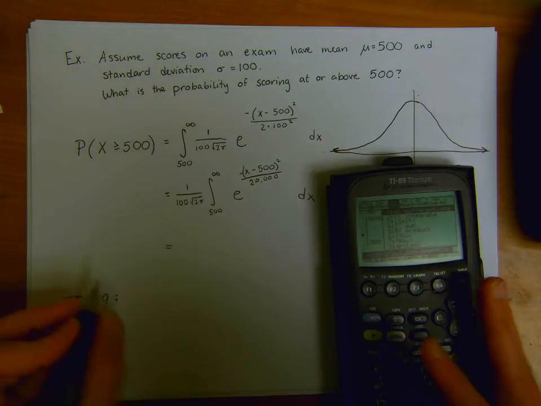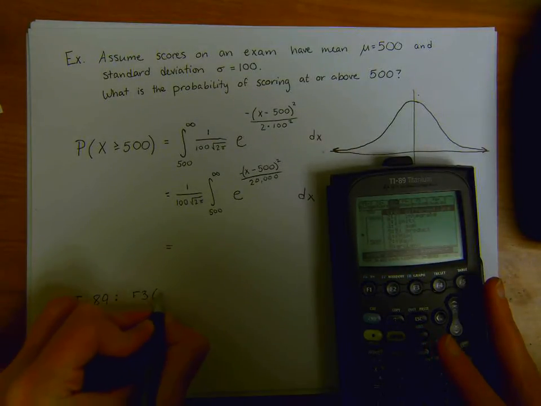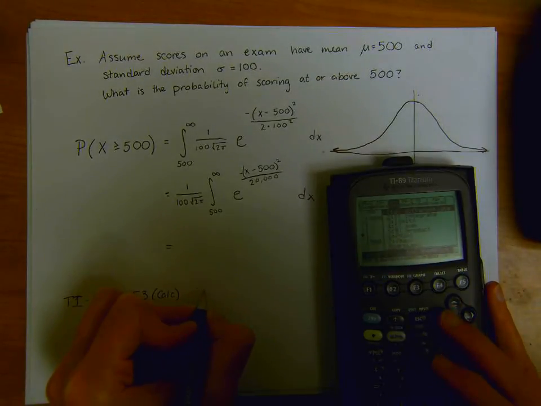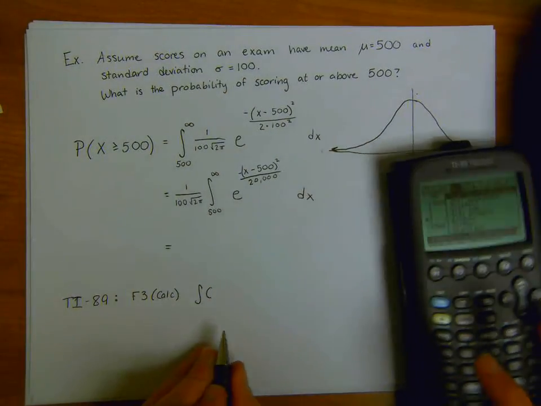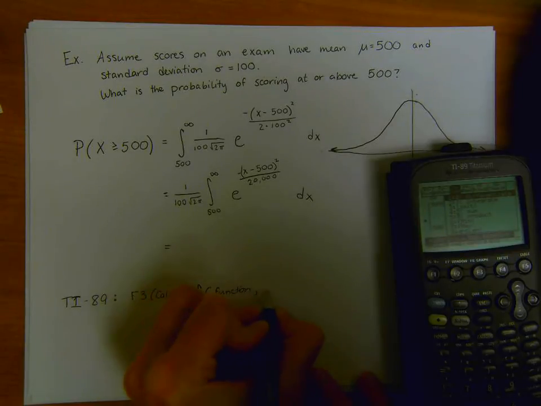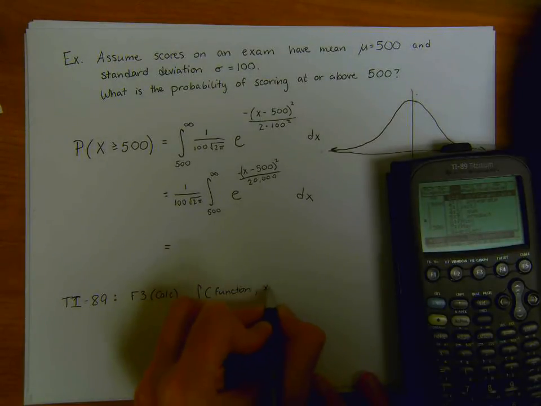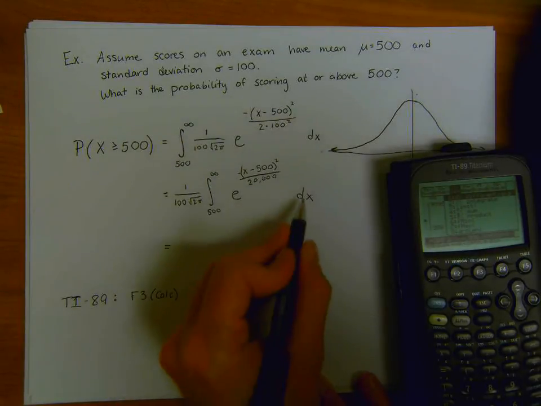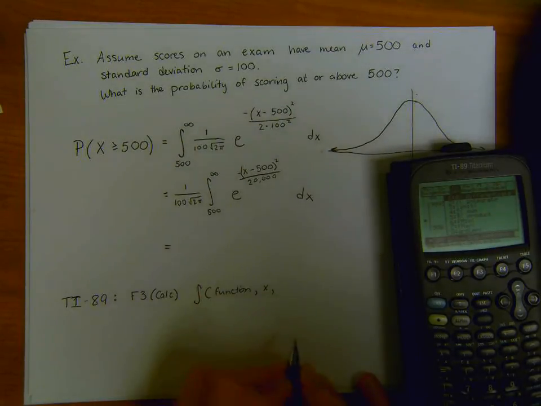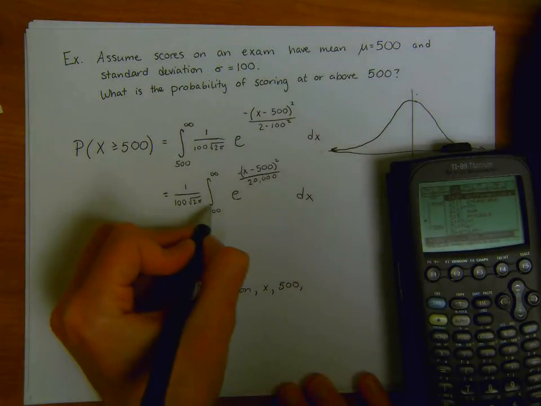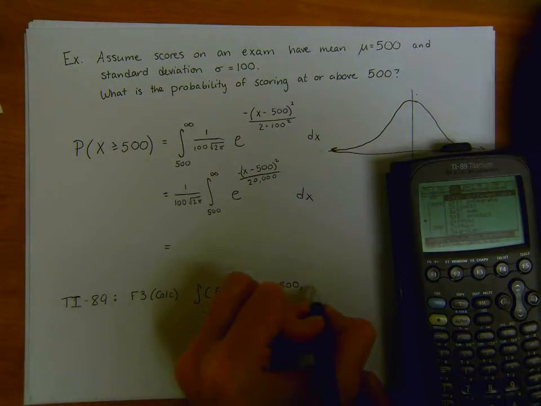TI-89s. If I press F3 for calc, it'll give me a drop down that says integral, and you type in the function, comma x, which is sort of your dx thing. So I would type in this whole thing, because that's my function, and x, because that stands for the dx, and then I type in my lower bound, which is 500, and then I would type in my upper bound, and I would just give a numerical approximation of the upper bound.